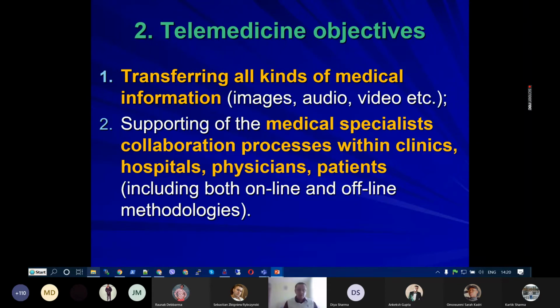If we have the ability to send a data record and get some response, we are talking about implementation of a telemedical process in clinical workflow and clinical activities. And the second objective is supporting medical specialist collaboration with clinics, hospital physicians, and even patients. It includes both online and offline methodologies.